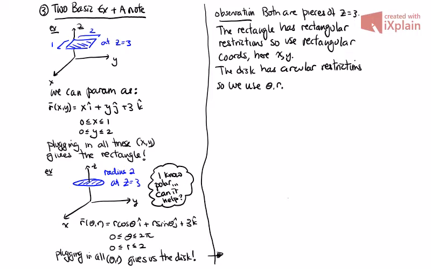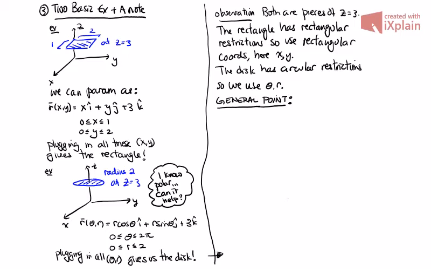And so the general point I want to make here is the following. General point is surfaces basically have two aspects. They're a piece of something, like both of these are a piece of z equals 3, but they have restrictions as well. The top one has rectangular restrictions, the bottom one has disk-like restrictions. So it's very often the restrictions that influence the variable choice more than the thing that you're taking a piece of.